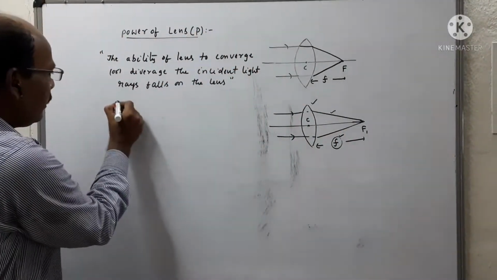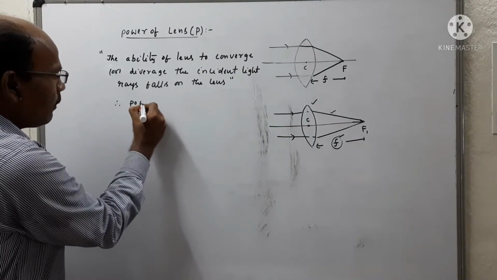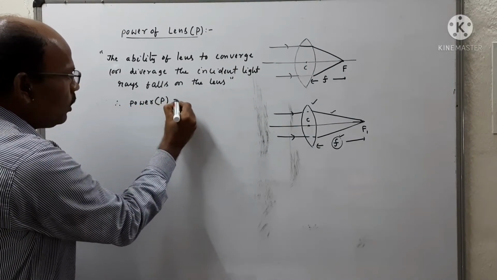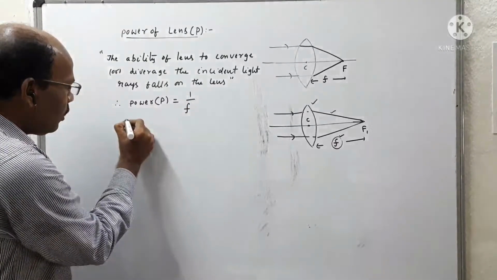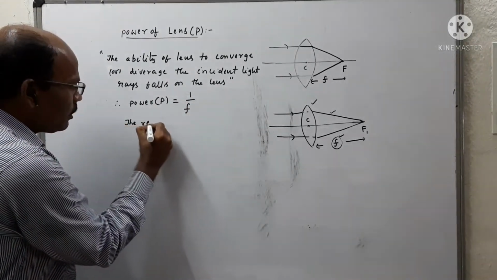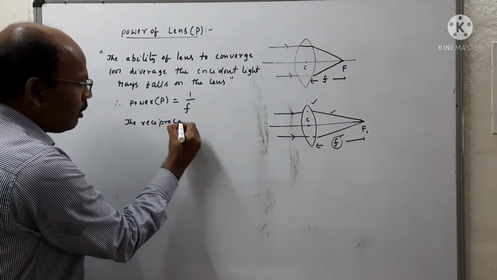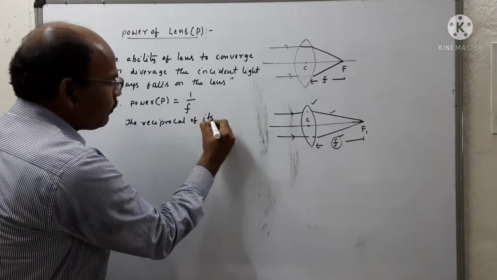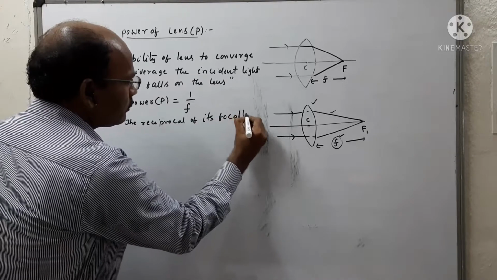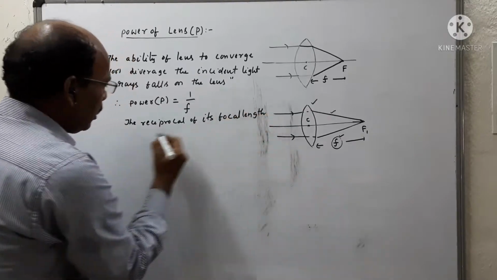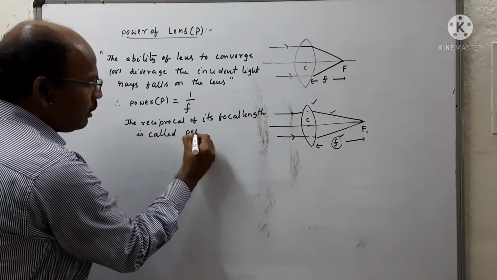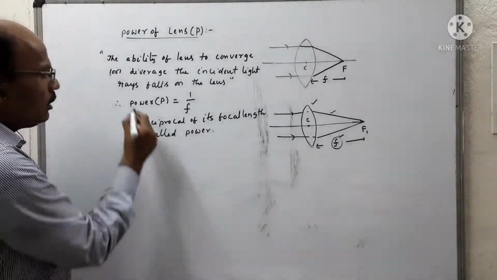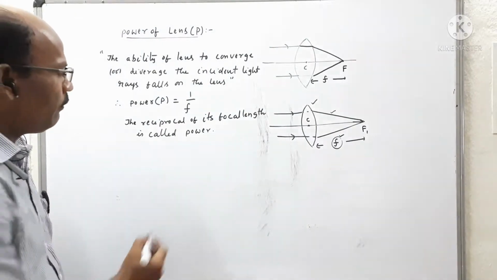Based on that, we can write power P is equal to 1 by F. The reciprocal of its focal length is called the power of the lens. So power is equal to 1 by F.